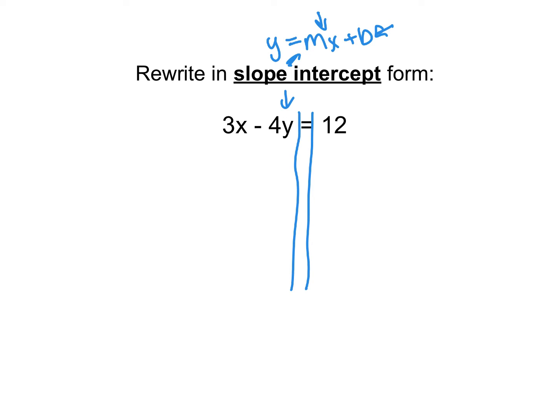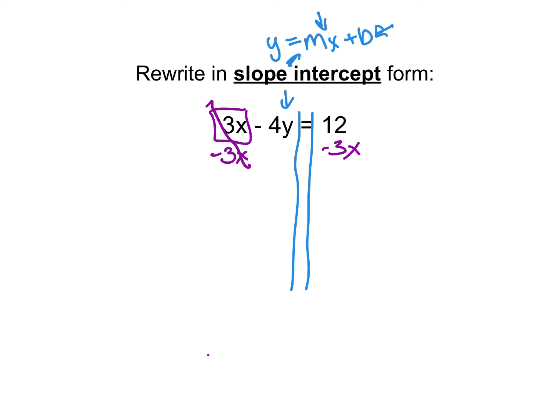Now, whenever I take a term and I move it across the equal sign, I need to do the opposite operation. So if I want to take this whole term, 3x, and put it on the other side of the equal sign, I'm going to take the whole thing and subtract it off.